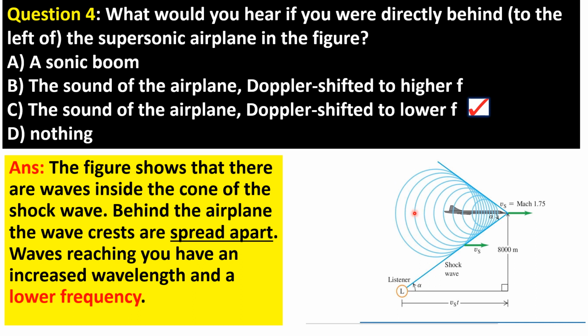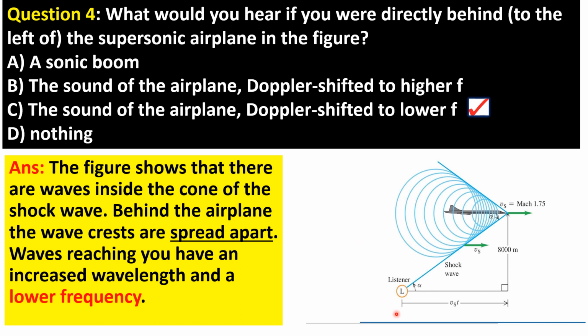So for this listener, the Doppler effect is going to exist, and he's going to hear a Doppler shifted sound of lower frequency. So that's the answer to our question.